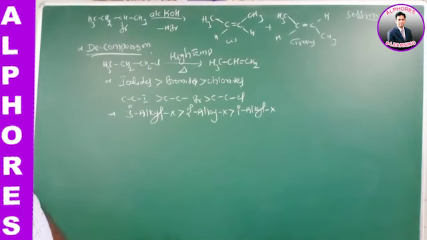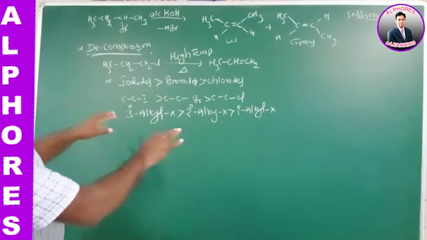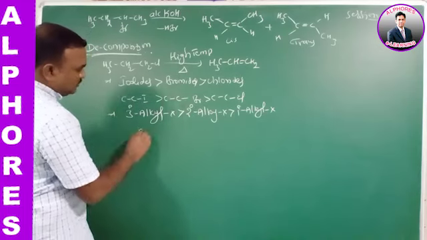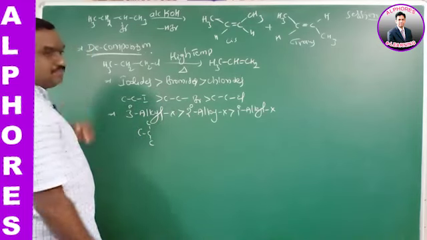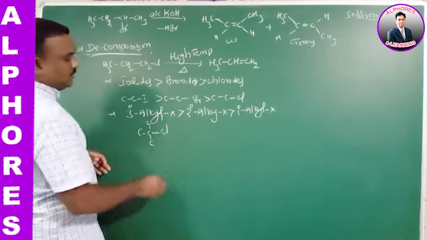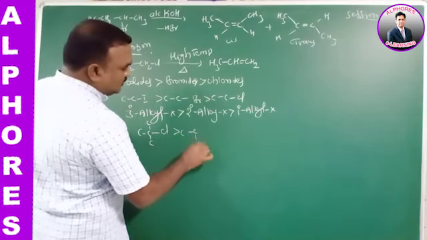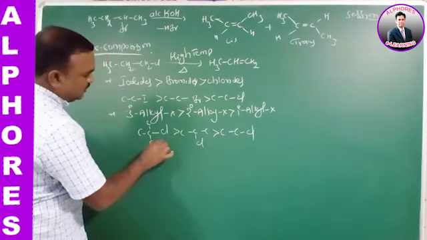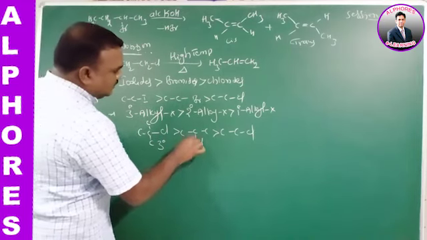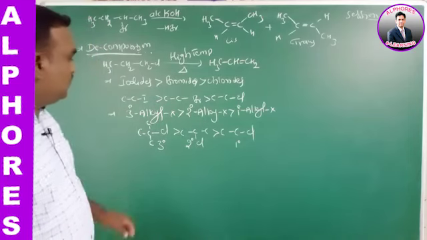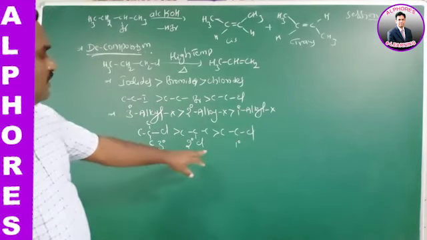In this case, there is no change in the halogen X. For example, if X is chlorine, then tertiary chlorine, secondary chlorine, primary chlorine.